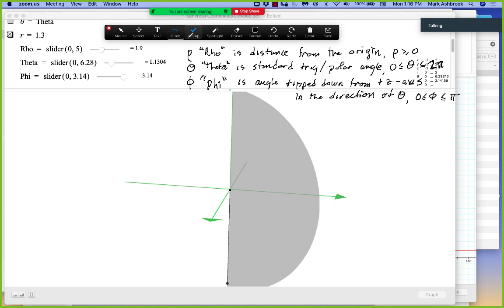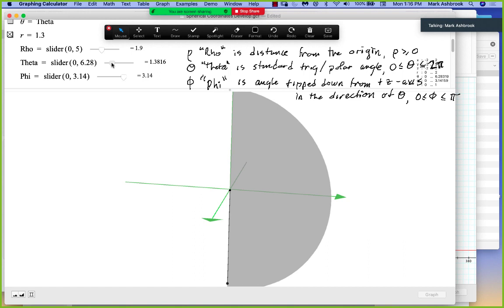So if my theta, say, was pi over 2, right now it's about pi over 3, so I'm going to make it pi over 2, just for an example here. There it is. So there's theta equals pi over 2, and here are my phi angles: phi of 0, pi over 6, pi over 3, pi over 2, etc., down to pi.